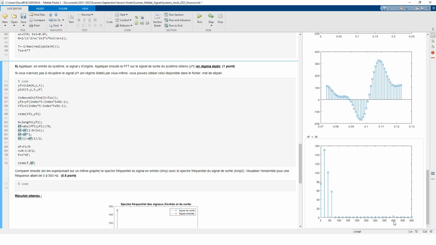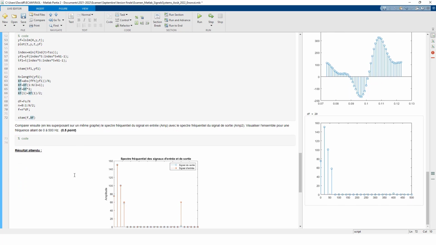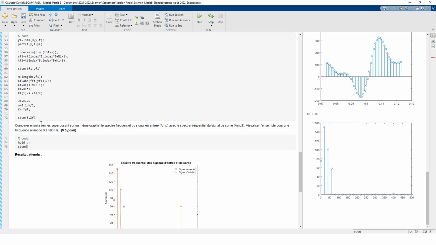Vous voyez que la composante ici à 400 Hz a été méchamment atténuée par le passage par le filtre en question. On nous demande ensuite de comparer le spectre qu'on avait avec le signal d'entrée et celui du signal de sortie. Alors celui du signal de sortie, je l'ai déjà représenté ici. Donc je vais simplement pouvoir venir rajouter maintenant celui du signal d'entrée, comme ceci.